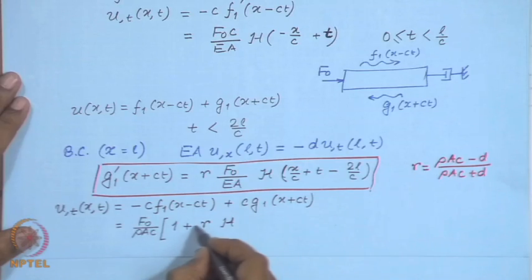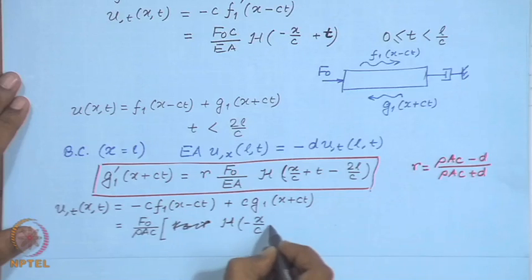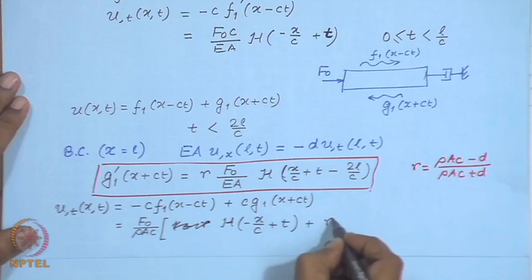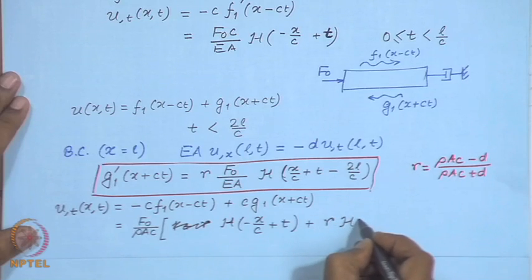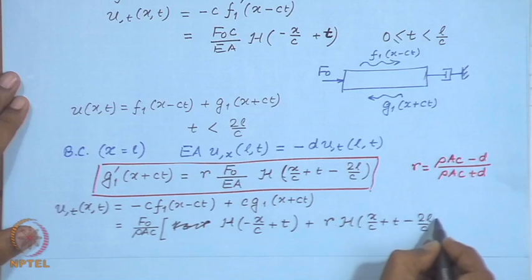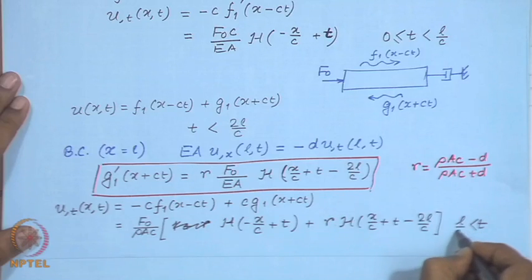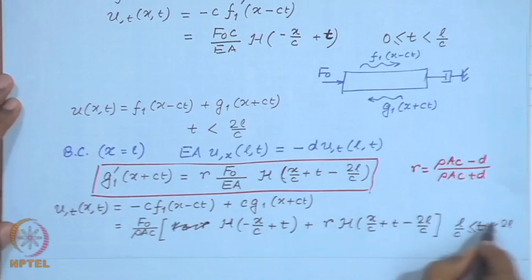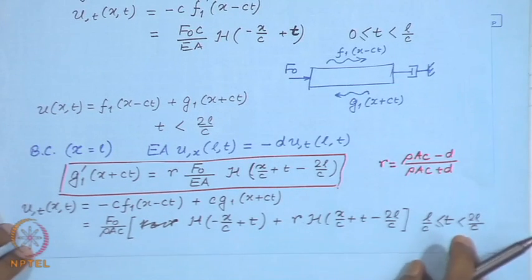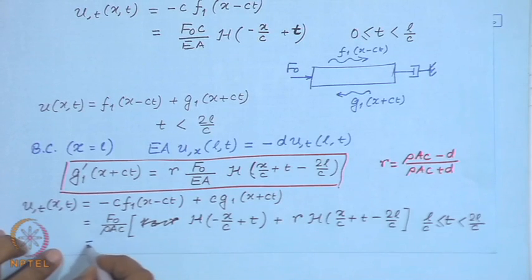So, let me first write down, now this time is from L over C to L over C. Now, for this time interval you will find that this is always 1.